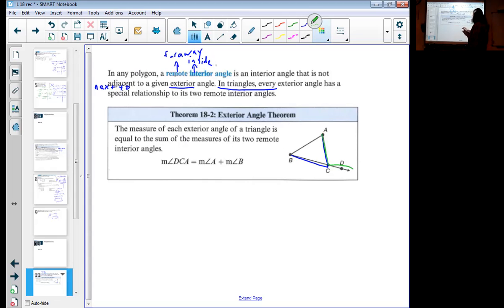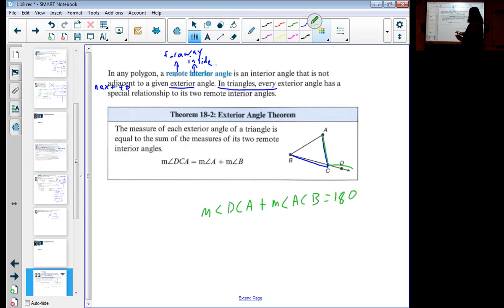So we have the measure of angle DCA plus the measure of angle ACB is equal to 180. So they form a linear pair.